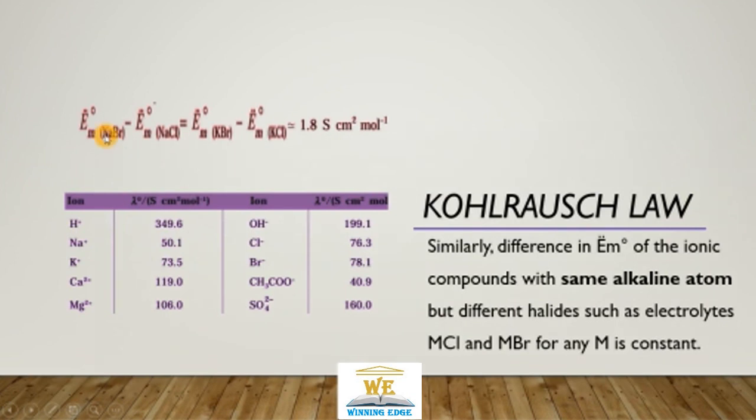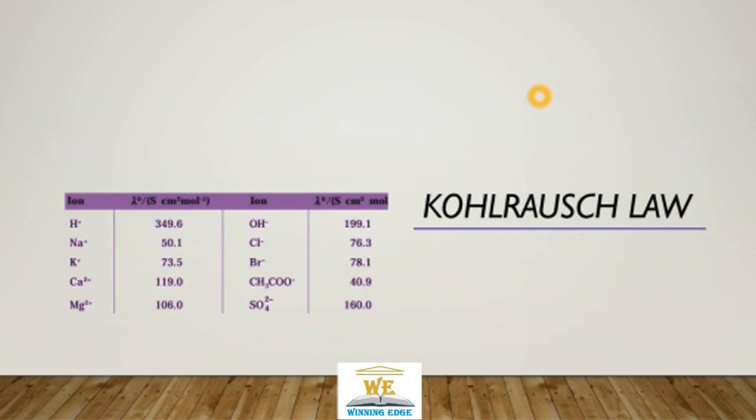If we keep these cations the same and vary the anions, we'll get the same results. That's what the Kohlrausch law says. Every ion contributes independently and this contribution will remain the same irrespective of its salt. It can be a potassium salt or it can be a sodium salt.